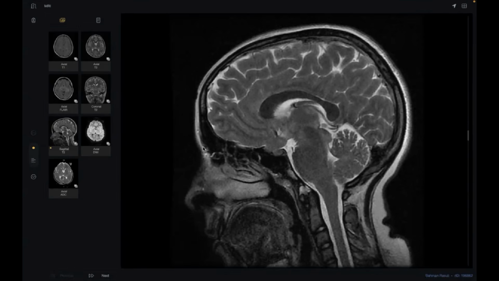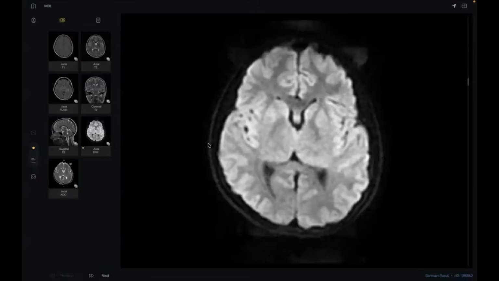I would also like to see the diffusion weighted images. This is the diffusion.